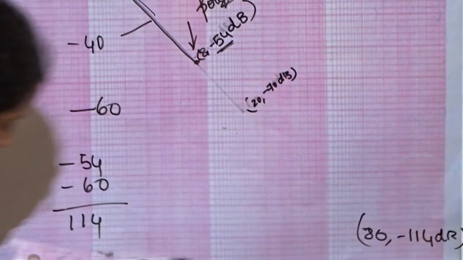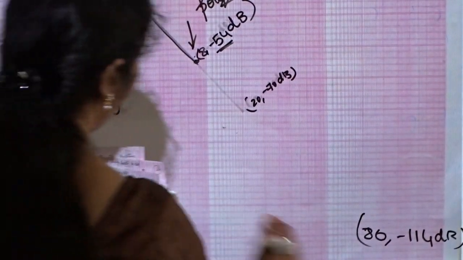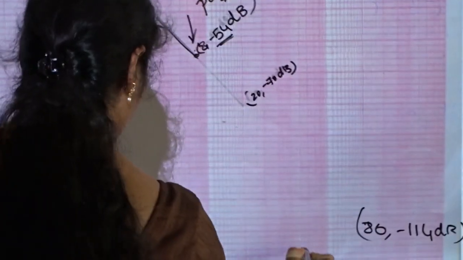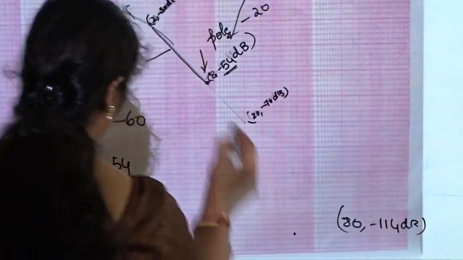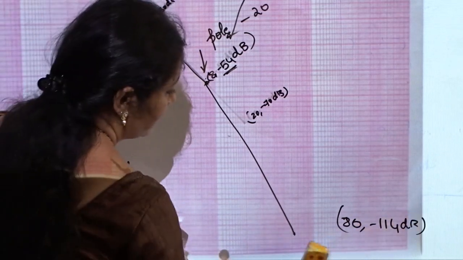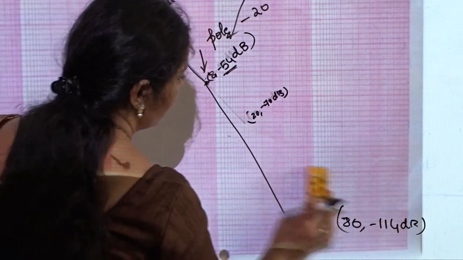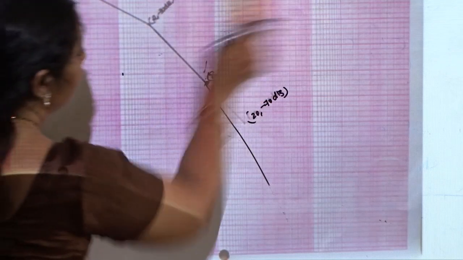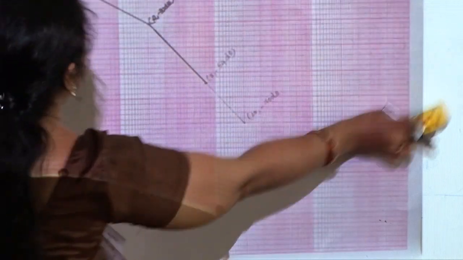So search for a point, 80 will be somewhere here and 114 is somewhere here. We have to join like this. Search for the points and join those 2 points. So that will give the entire magnitude plot. You can just check here.